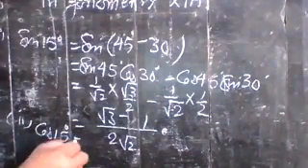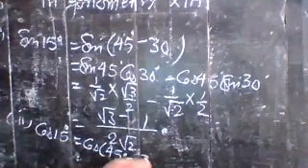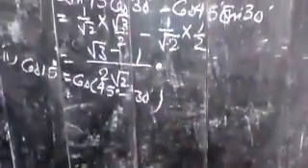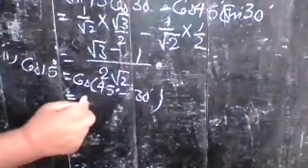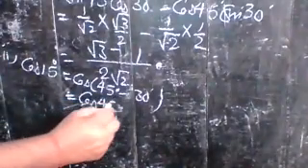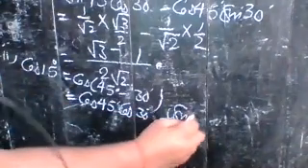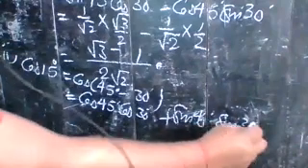Cos 15 can be written as cos 45 minus 30. Now applying the formula for cos A minus B, cos A minus B is cos A cos B plus sin A sin B. That is your formula.